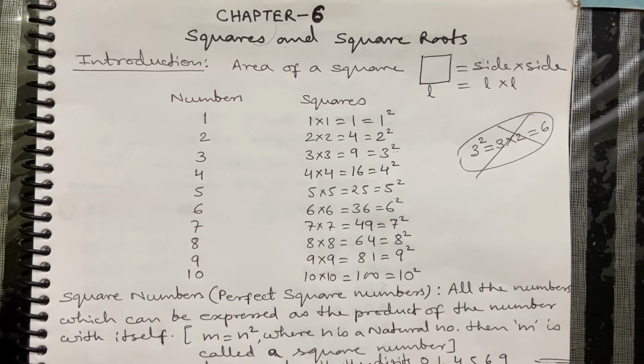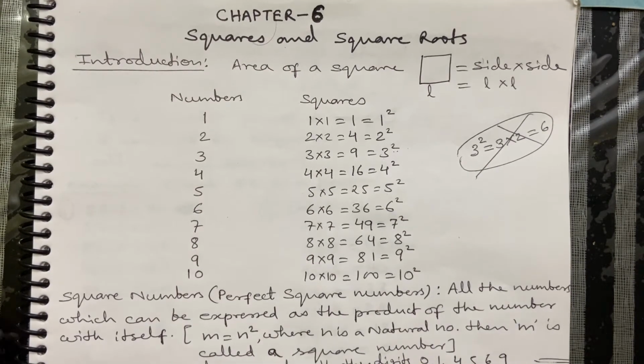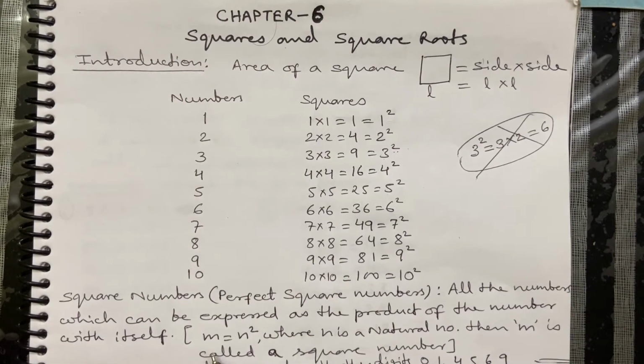In mathematical terms, suppose there is a number m, and this m can be written as n raised to the power 2, where n is also a natural number. Then in that situation we say m is a square number or a perfect square number.